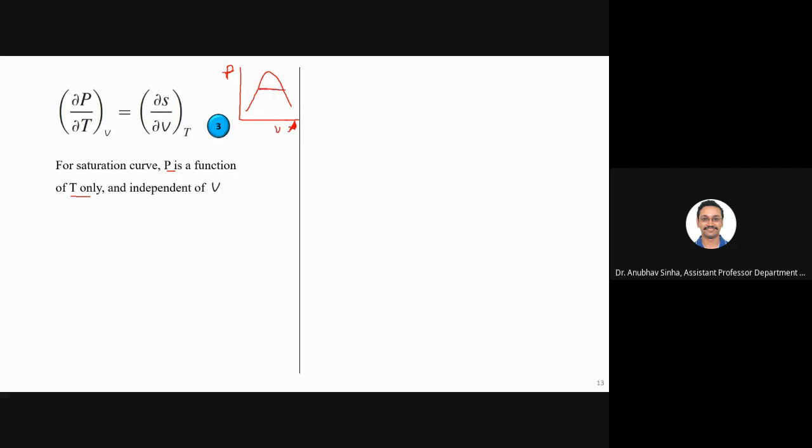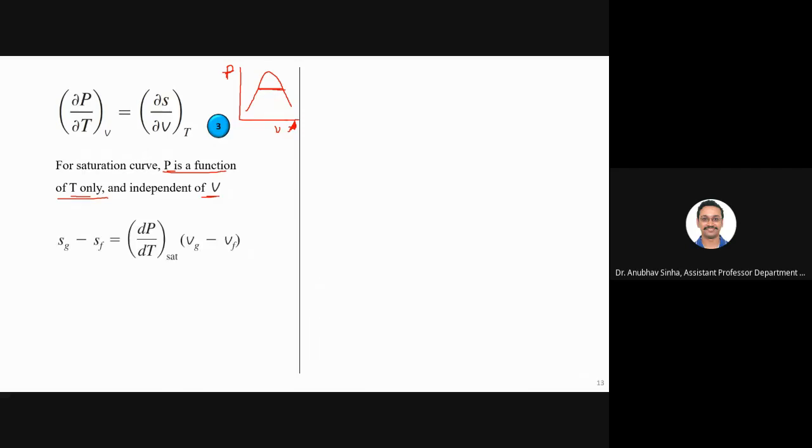If I hold my pressure constant, then temperature is also constant. Or I can say that pressure is a function of temperature; it will not depend on specific volume. Do you all agree with this statement? Right or not? Yes, sir. Right. Okay.